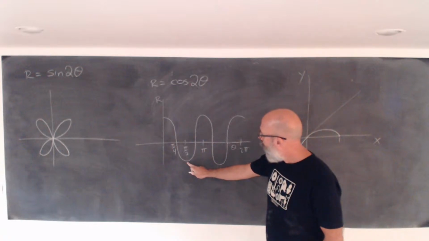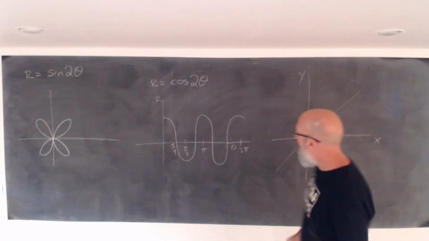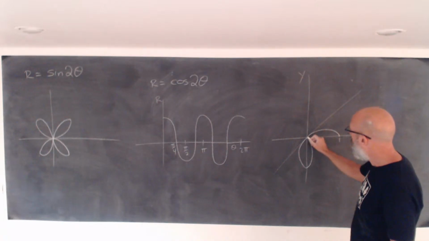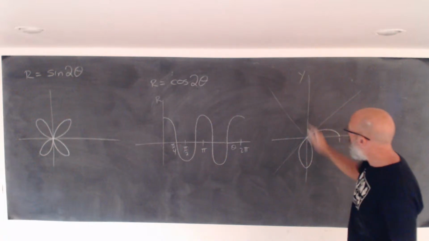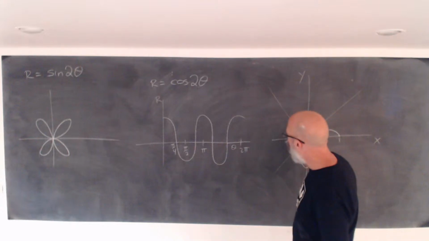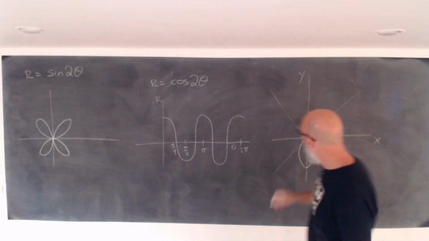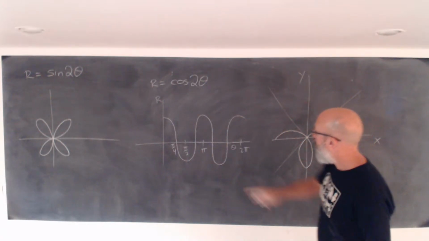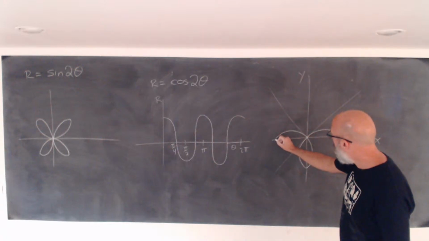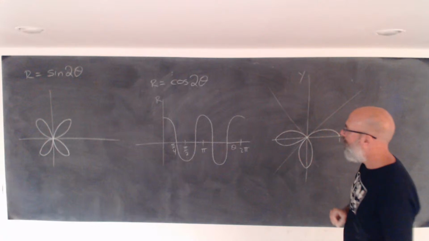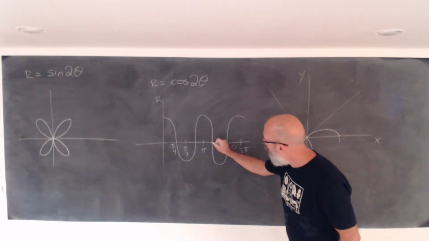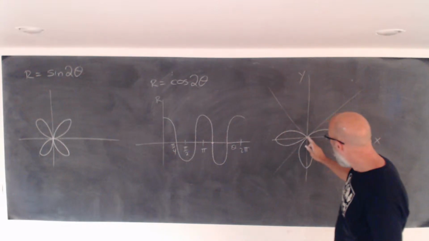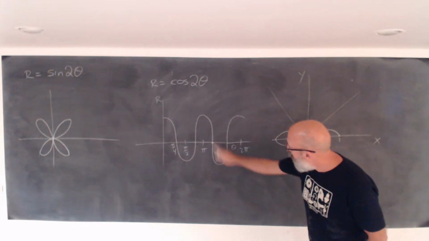And then from -1 back to 0, that was in this region. And then in here, you're going from 0 all the way to 1, and then 1 back down to 0. Now you're right here. And in this region, you're now in the negative.